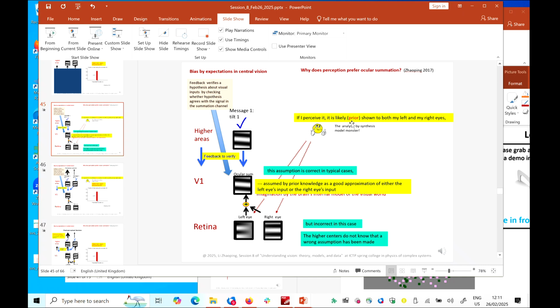Because the two eyes are correlated, if you want to know the left and right eye input, you should go to the summation. So it's a bias to check the summation channel, not the difference channel, because I have prior knowledge that my two eye inputs are correlated. Yeah? Okay?